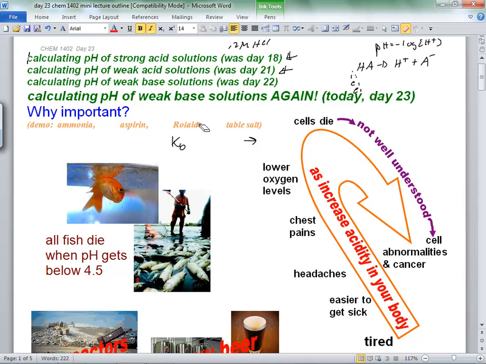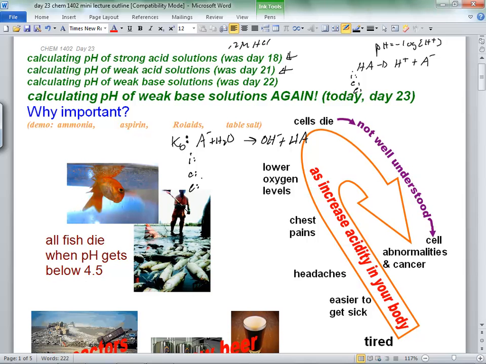You write an A minus, just in general, plus water for a Kb reaction, and that gives OH minus and the conjugate acid, HA. Okay, and then we had to do ICE.